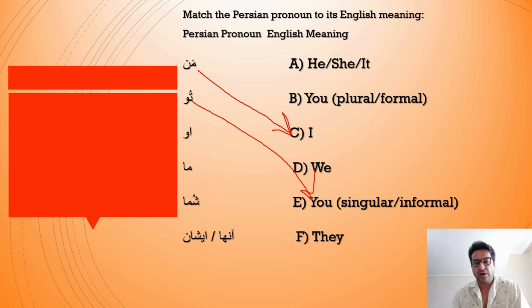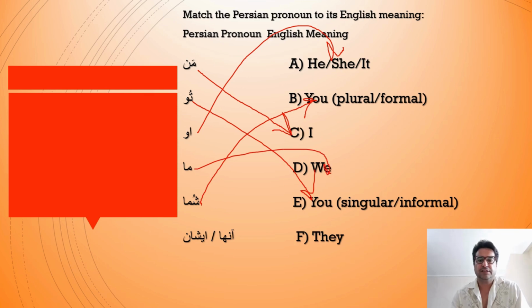What about shomā? So shomā is the other one, this one. So shomā is in the plural and formal situations. The next one, u. Yes, that is here for he or she or it. So ma, clear, this one, and ānhā and ishān, okay, here, this one.